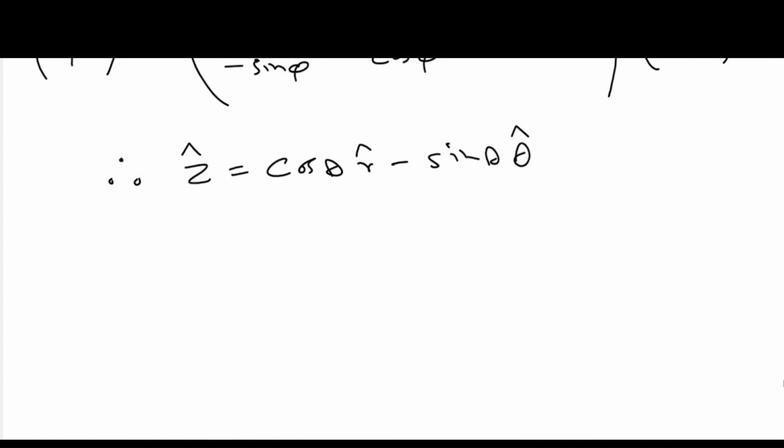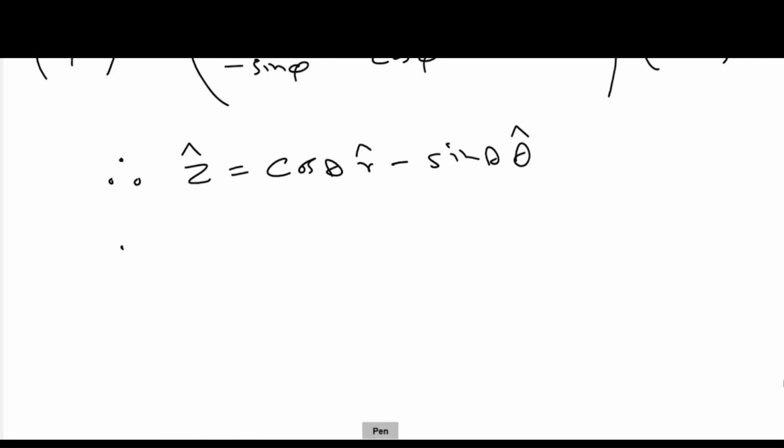So let's plug in this expression of z cap into the dipole moment and express the dipole moment in terms of unit vectors r cap, theta cap and phi cap.